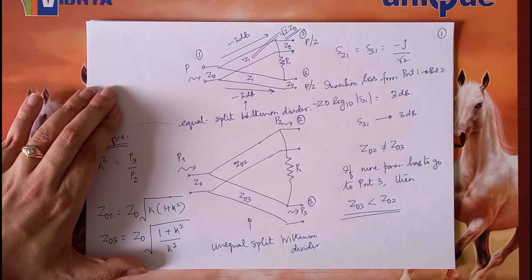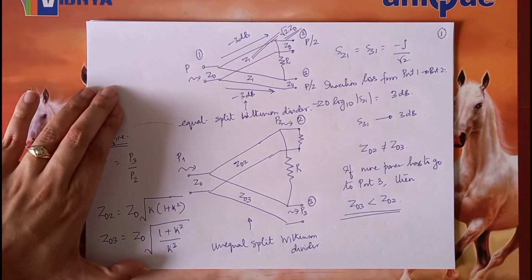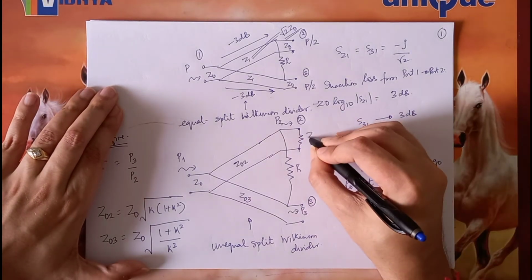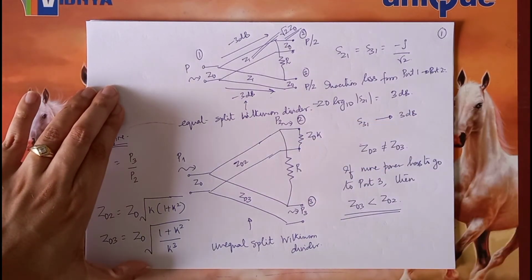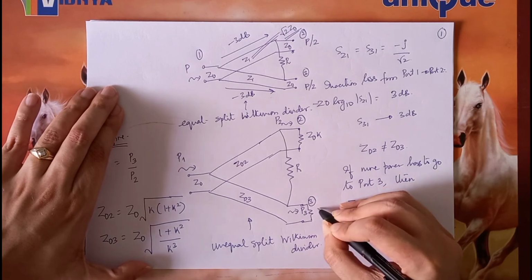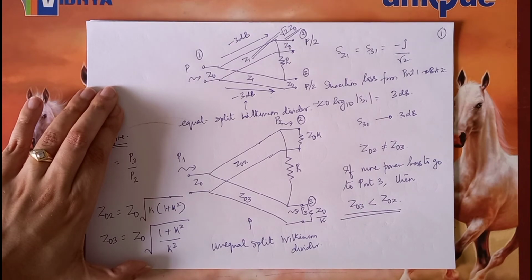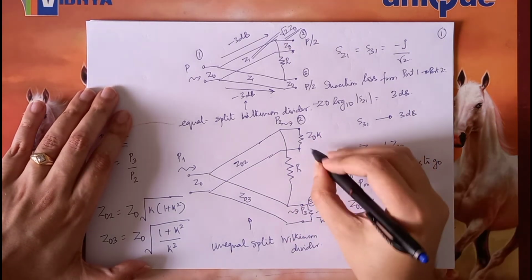So, in order for port 1 to be matched to Z0, it is necessary that the terminating impedance at port 2 is essentially Z0 times K, and the terminating impedance at port 3 is Z0 by K. This is a very important thing to remember.